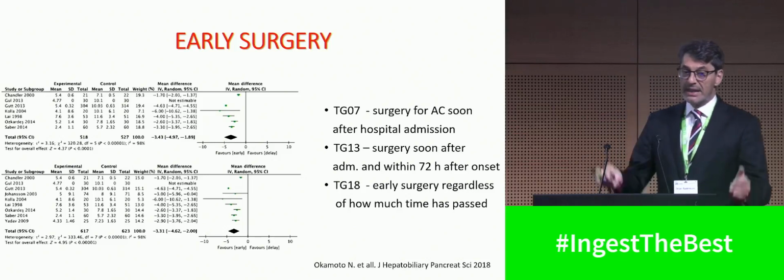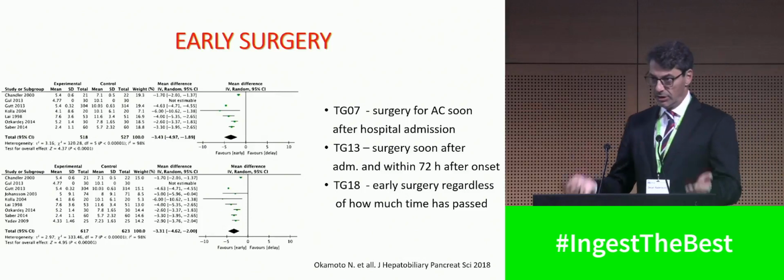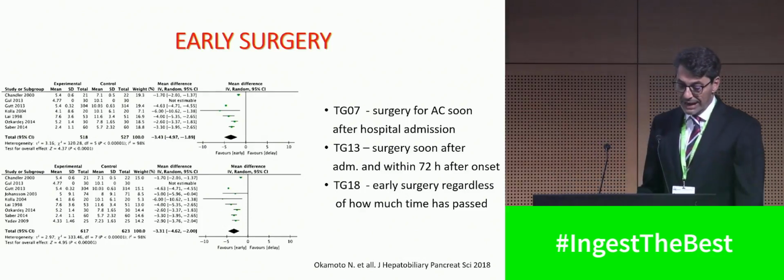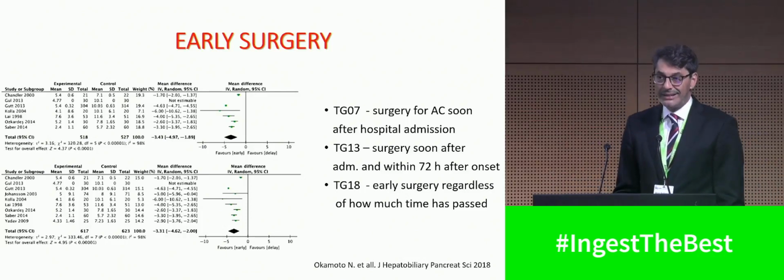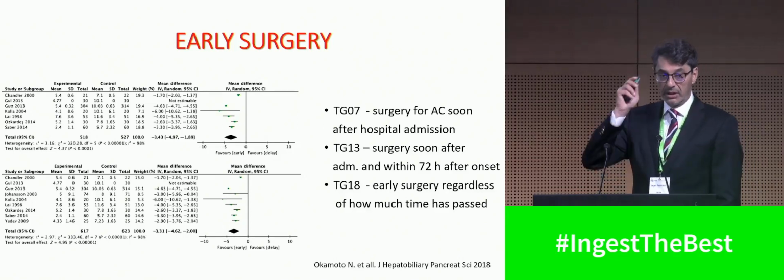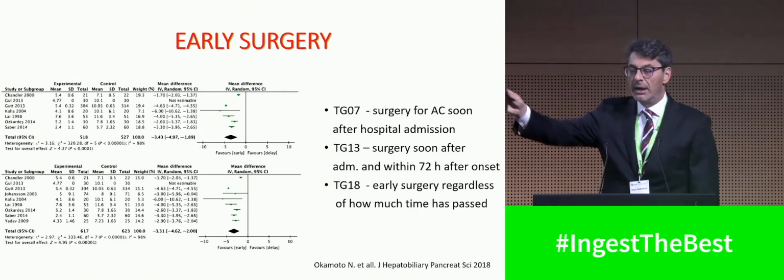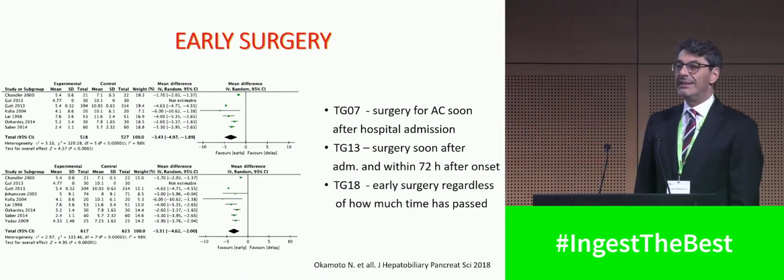So that means this distinction of 3 days, 72 hours, is not an issue anymore. So in the Tokyo Guidelines 2018, early surgery is recommended in patients with acute cholecystitis, even though they have symptoms up to 7 days.